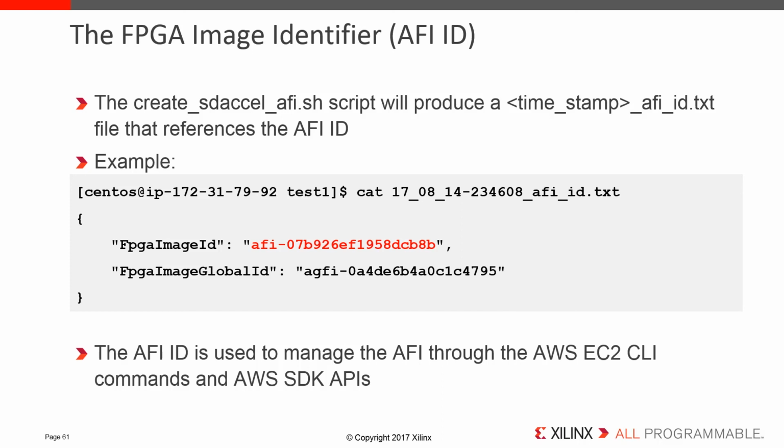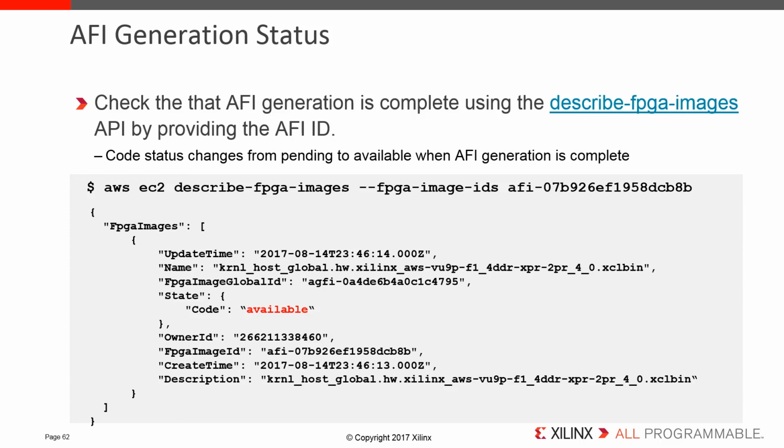This AFI ID can now be used to manage the AFI using the AWS EC2 CLI commands and the AWS SDK APIs. Although the AFI ID is available immediately on execution of the create_sdaccel_afi.sh script, the AFI generation process will continue in the background until completed.